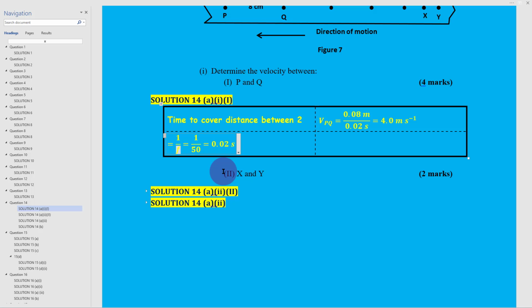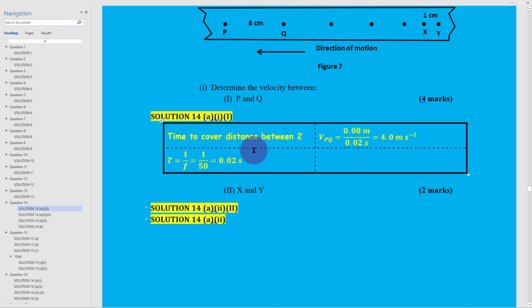That is 1/frequency in order to get the periodic time. Actually, what we are working out here is the periodic time. So periodic time is 1 over f, which is 1 over 50, which is 0.02 seconds.